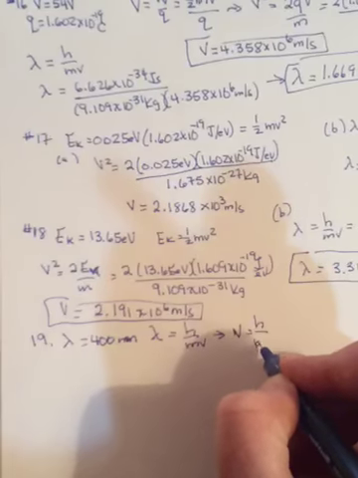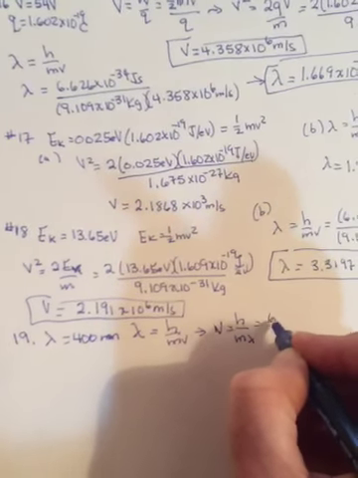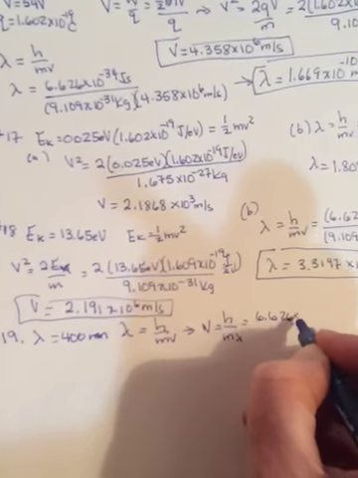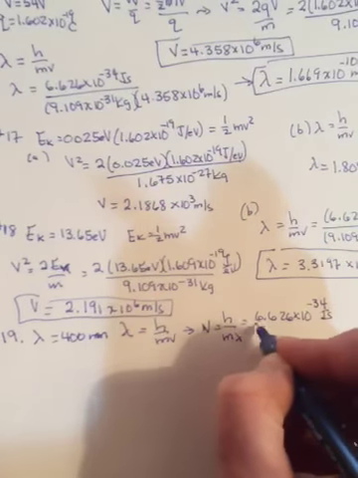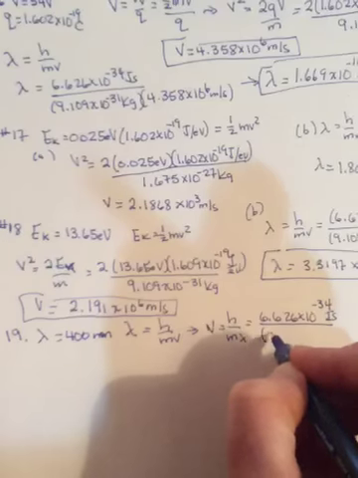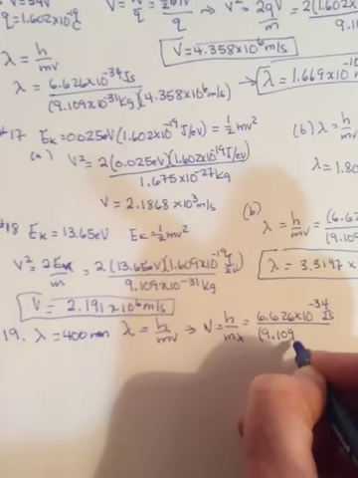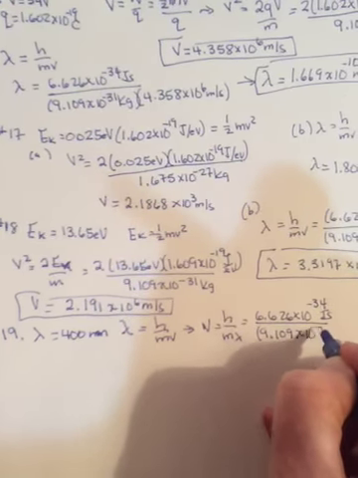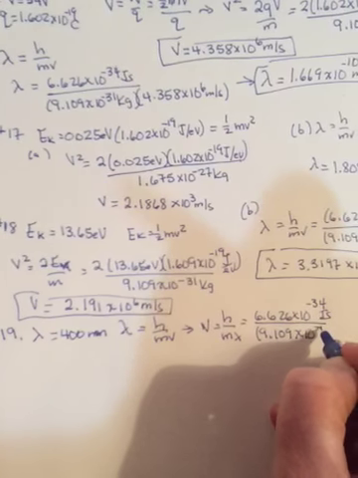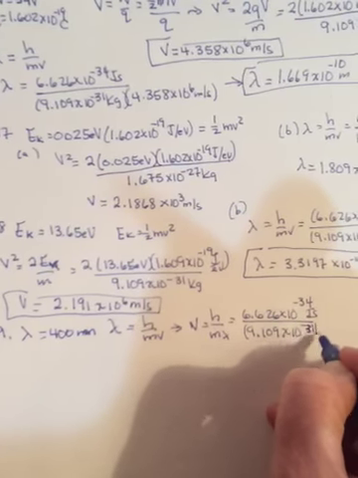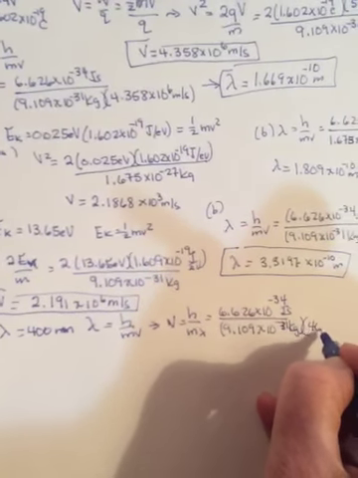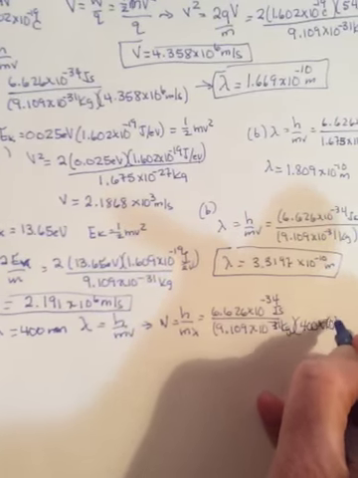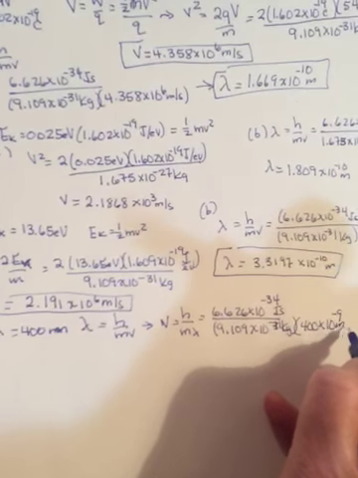h over m lambda. So 6.626 to the negative 34 joule seconds. It's still an electron, so 9.109 to the negative 31 kilograms, and 400 nanometers, or 400 times 10 to the negative 9 meters.